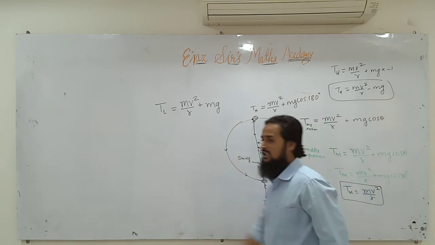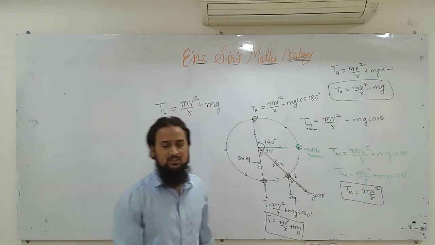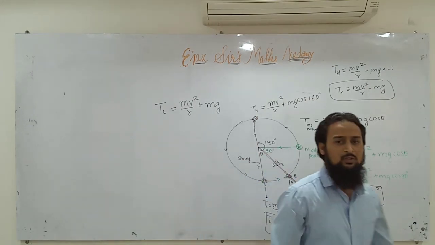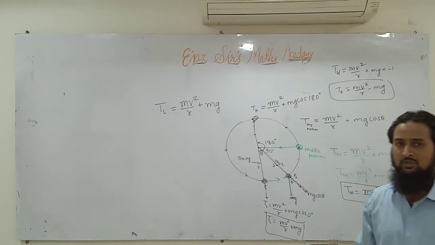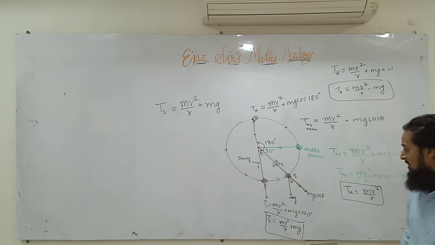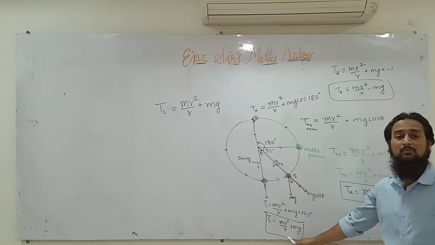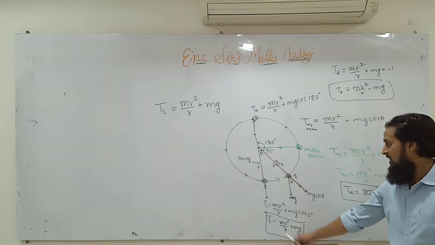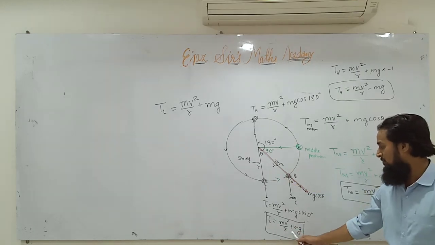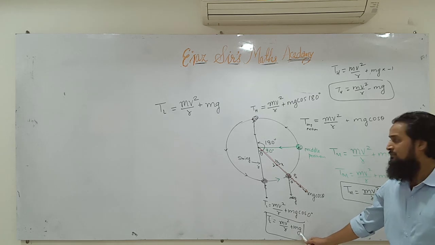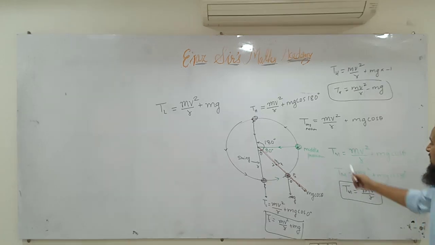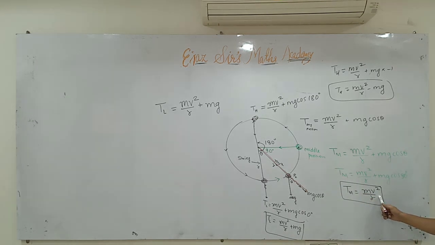Where do you find the tension to be maximum? Is the tension maximum at the lowest position, or at the highest position? We can see the tension in the string is maximum at the lowest position. It's centrifugal force plus weight of the stone. At the middle position, it's only the centrifugal force. The weight is not playing any role here because weight acts in the vertically downward direction.